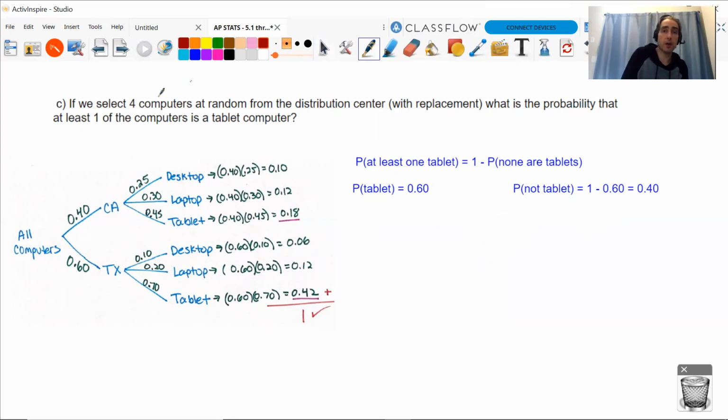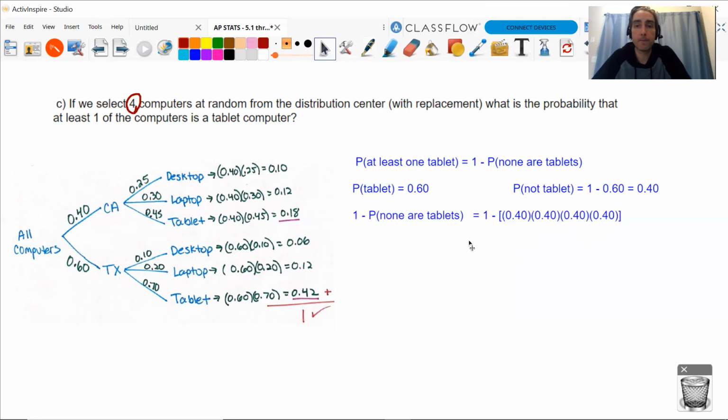So in the blood donor case, we raised it to the 10th power. Well, we have 4 computers selected at random, so we are going to use the 4th power here. So it's 1 minus 0.4 times 0.4 times 0.4 times 0.4, or simply 1 minus 0.4 to the 4th power. That's going to give you 1 minus 0.0256, 97.44%.